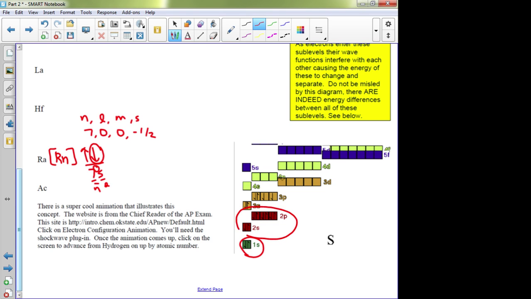It has a 2s and a 2p, okay? Which one's lower in energy? 2s, okay? And energy level 3, I've got a 3s, a 3p, and a 3d, okay? 3s is lower in energy than 3p than 3d, but who fills before I fill in 3d?